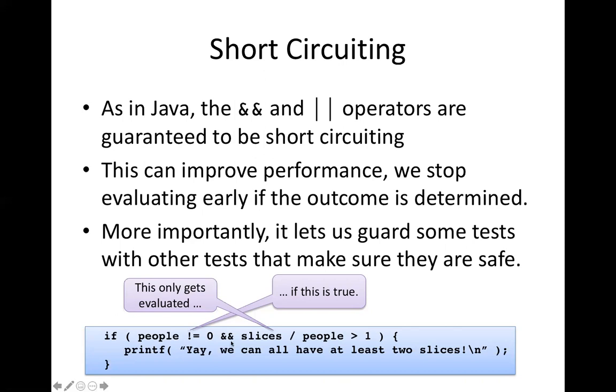So in that test, I structured the conditional with what some people call a guard out here on the left. First, I check to make sure we have at least one person. And if that's true, I bother doing the division. Because of the short circuiting, this part of the conditional won't even get evaluated if people is 0. And that's probably what I want, because if it was evaluated, that would be a divide by 0.